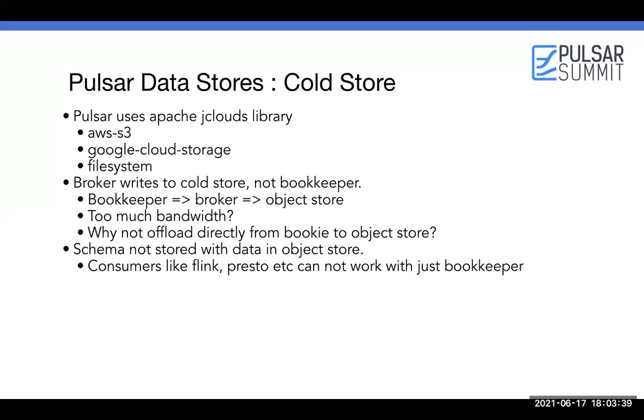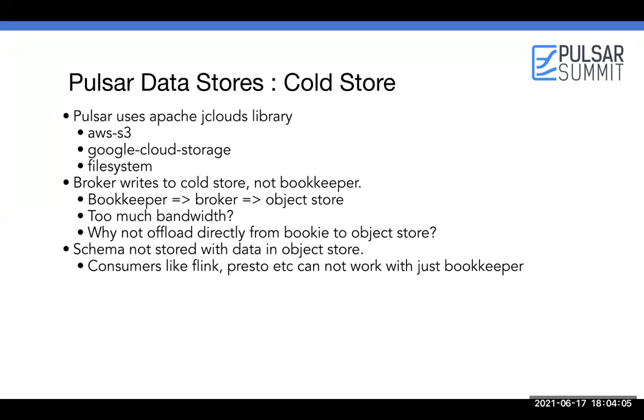It does take some extra bandwidth, and if it went directly from Bookkeeper to object store, we would obviously save some network bandwidth, but there were some technical constraints with the design of Bookkeeper, which needed to be changed fundamentally. That is why this was the design chosen.